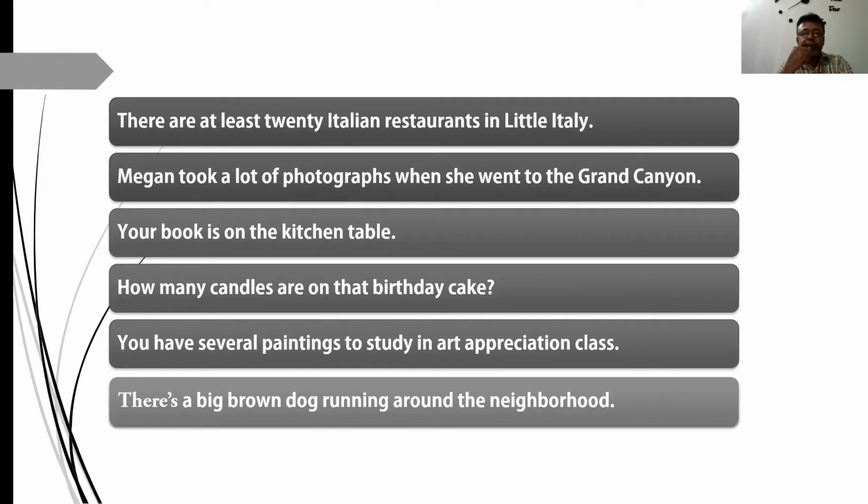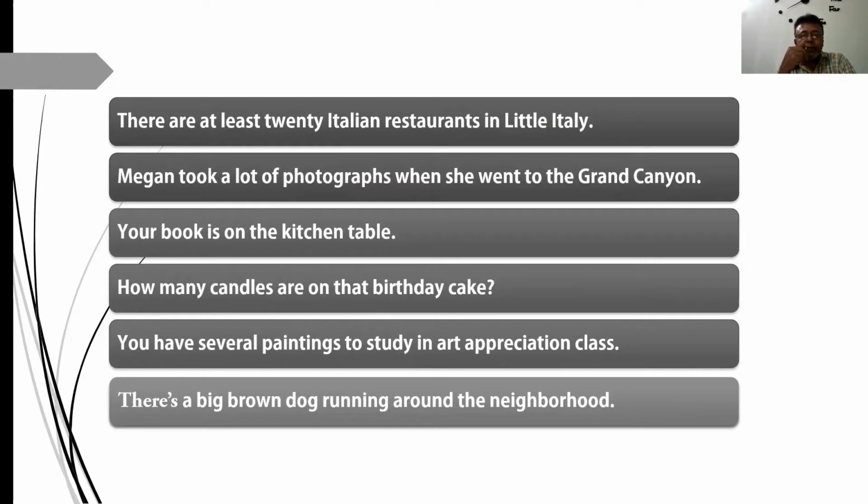For example, in the first sentence, restaurants. That's good. Italy is also a noun, but that is a proper noun, so we are not discussing proper nouns right now. We're discussing countable nouns and uncountable nouns. So here's an example of countable nouns. And photographs in the second sentence.